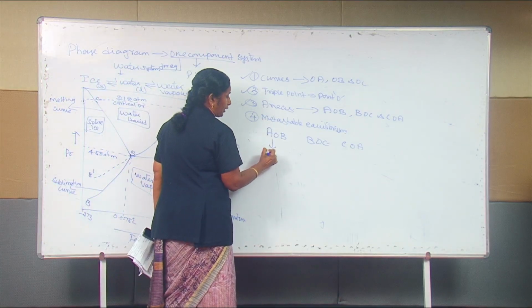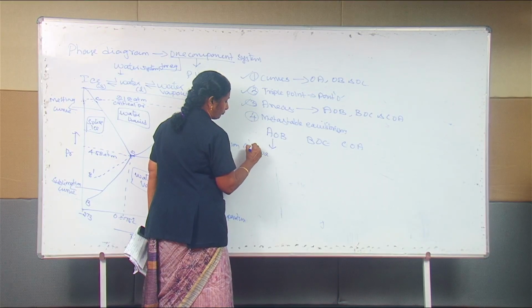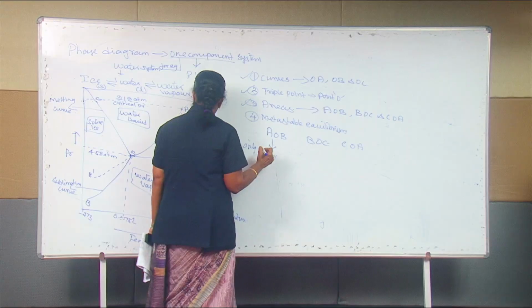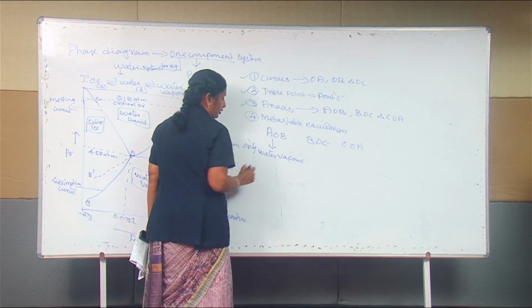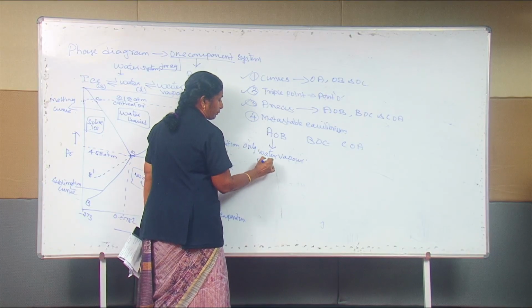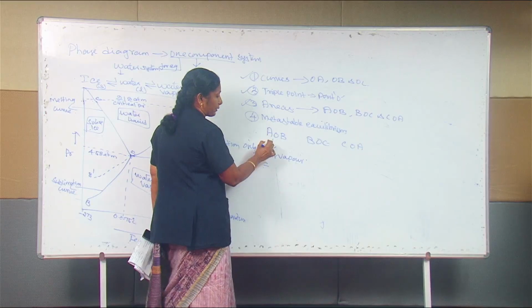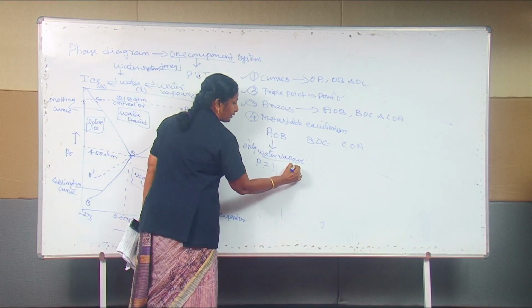Up in the area AOB, only water vapor exists. By using this, you are going to calculate the number of phases in that area. That is only one phase, water vapor, in the gaseous state.